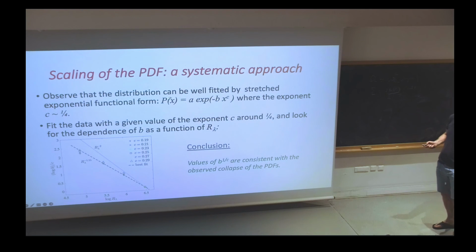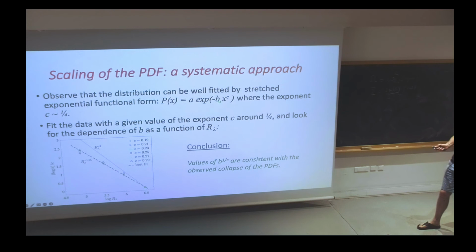So what we do, we can fit the form with such a functional form with a value of c which is approximately 1/4. We don't quite know the value, so we did a few values of c around 1/4: 1/4, a little bit less, a little bit more. We fit systematically, which gives a pretty good fit, and then we measure that quantity here, which tells you how far the tails of the PDF extend.